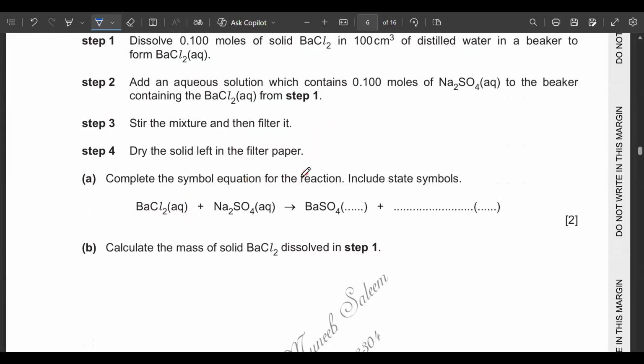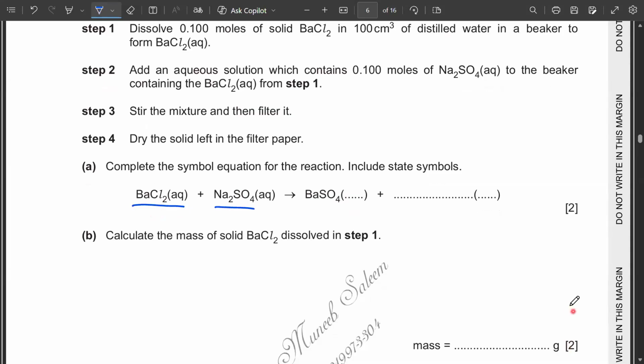Complete the symbol equation. So the reaction is given: barium chloride plus sodium sulfate to produce barium sulfate. It is simply the displacement reaction in which two salts react, this is a salt, this one is also a salt.